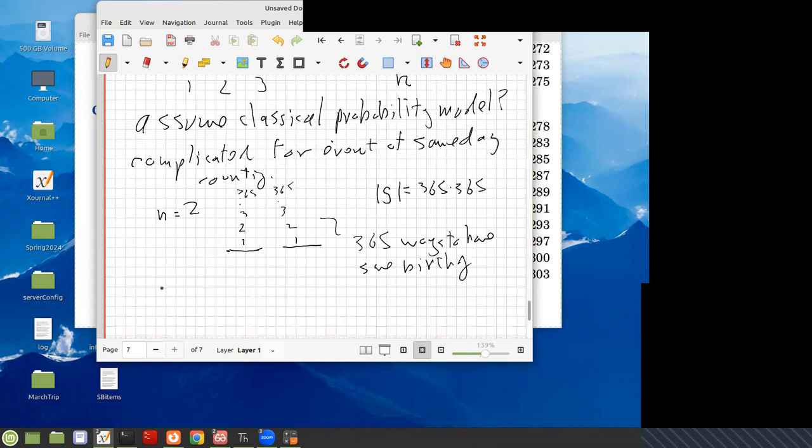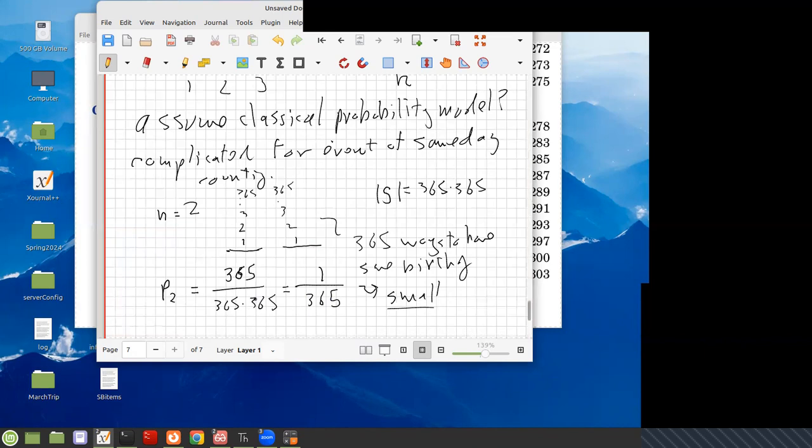Well, so the probability of the same day is going to be 365, that's how many outcomes are in the event, over 365 times 365. So the probability is 1 over 365. So it's one chance out of 365. So that's relatively small, right? It's less than 1% of the time.